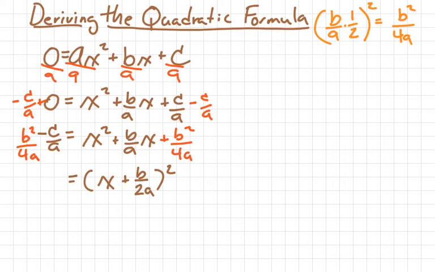So I'll get b squared minus 4ac over 4a squared.